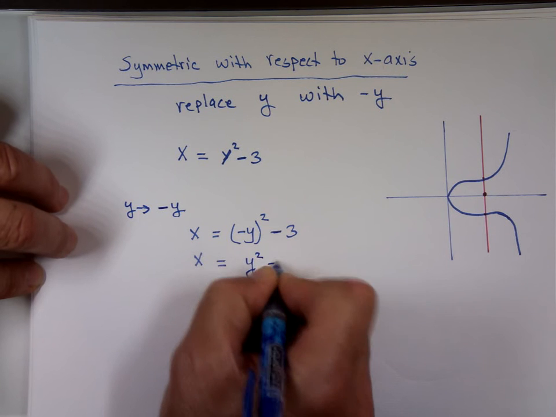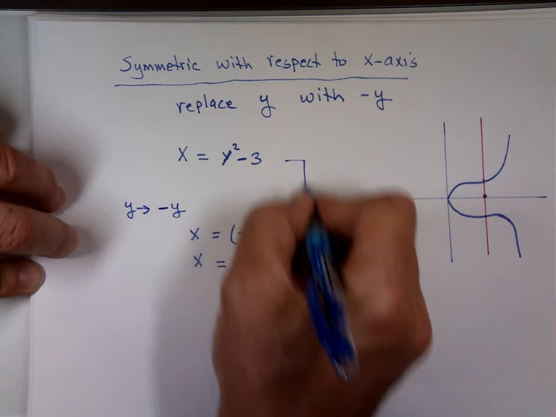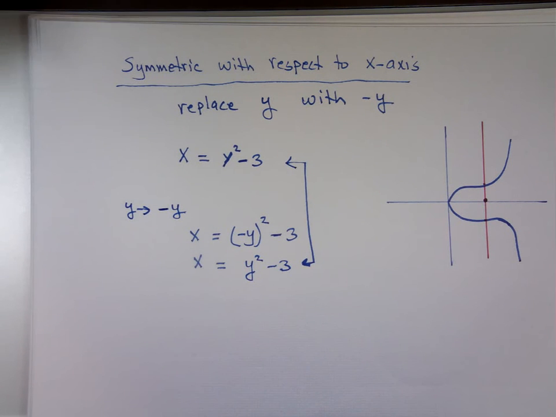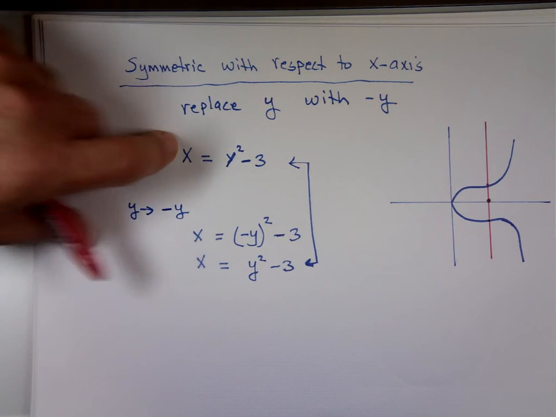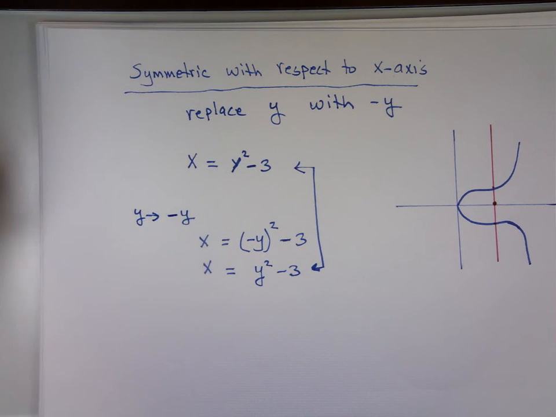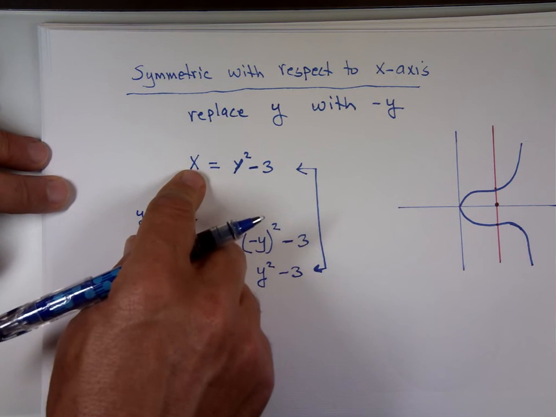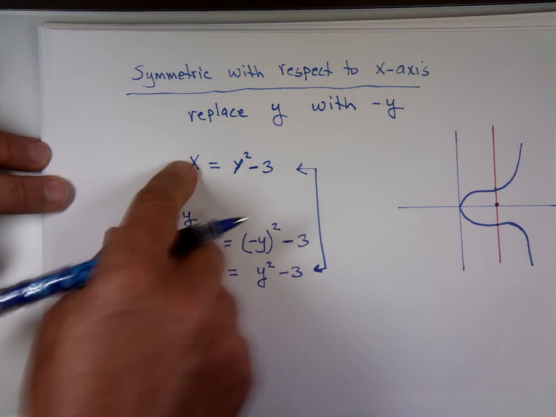Are these two the same? It is symmetric with respect to the x-axis. When you have x equals y squared minus 3, your independent variable is really y, and your dependent value is x. X depends on the value of y.